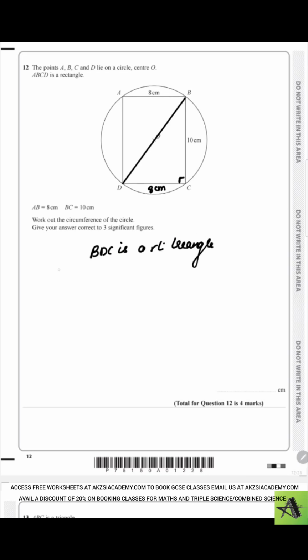So by Pythagoras theorem, BD squared, because BD is the hypotenuse. Hypotenuse is always the longest side and opposite to the right angle. It's important. Opposite to the right angle. So BD squared equals 10 centimeters squared plus 8 squared.